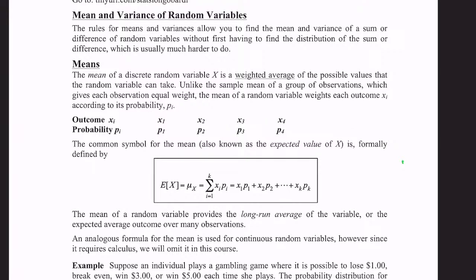So we begin with means. Remembering that in the general case, this is true for continuous or discrete distributions, but my examples, you see, whenever you see a list of outcomes and probabilities, that's a discrete distribution, all right?